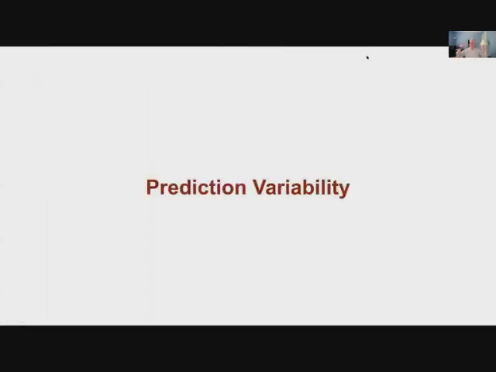So now we've laid this groundwork for this idea that our prediction is going to have some variability built into it, because we're looking at data sampled from a population.